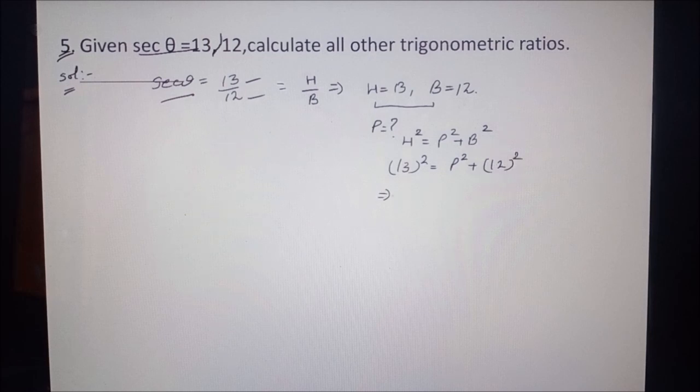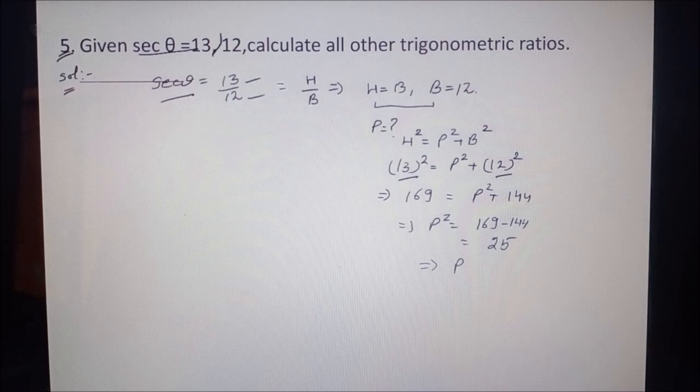It implies 13 square is 169. Perpendicular square plus value of 12 square is 144. It implies perpendicular square is equal to 169 minus 144. It's 25. So perpendicular square is equal to 25. It implies perpendicular is equal to 5.